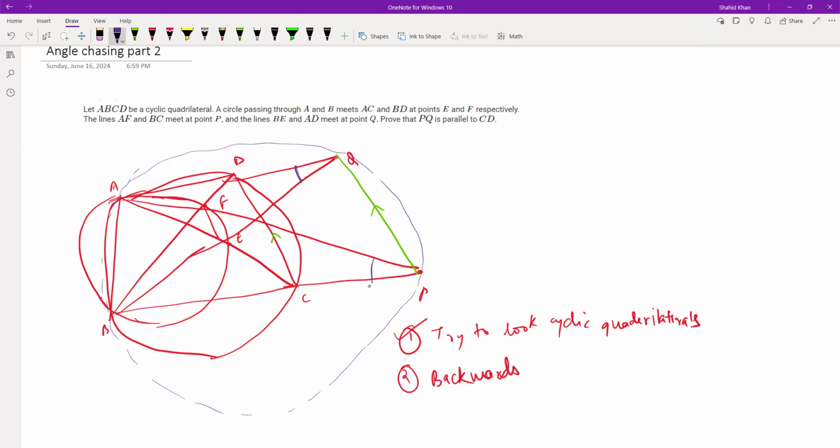angle QAP is the same as QBP. But how are these two angles equal? From the cyclic quadrilateral ABEF, we get FAE the same as FBE.